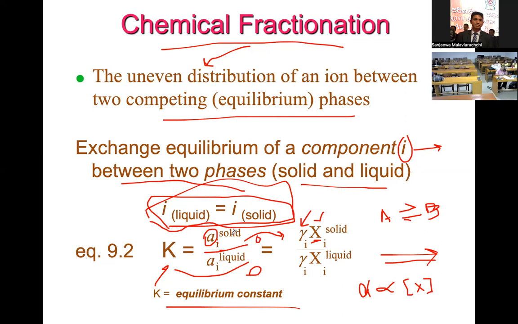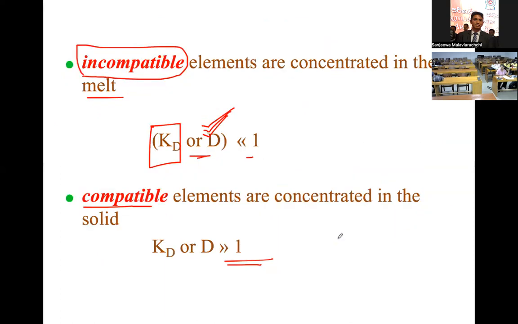To get the activity, you need the concentration and also the activity coefficient. But in a very dilute system, you can forget about this activity coefficient and just mention a distribution coefficient, because you are taking only the ratios of the concentrations. So that is the difference.